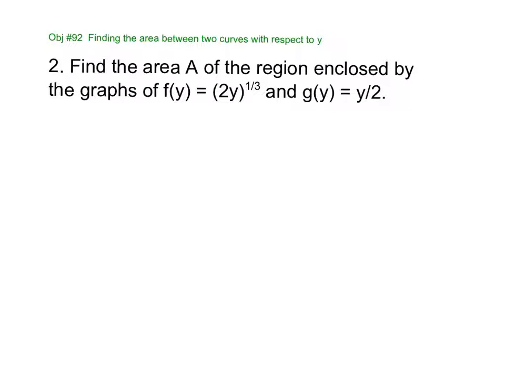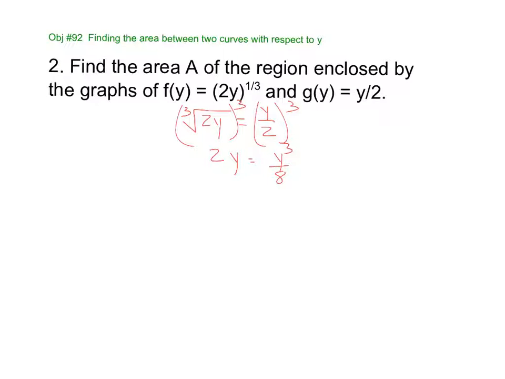So I'm going to set them equal, just like always. So this is the cubed root of 2y equals y over 2. I'm going to cube each side. 2y equals y to the third over 8.